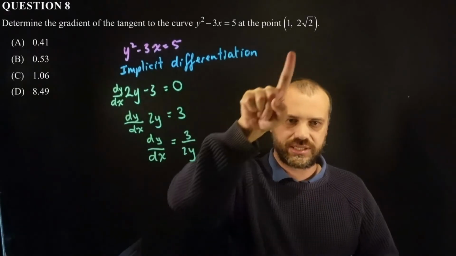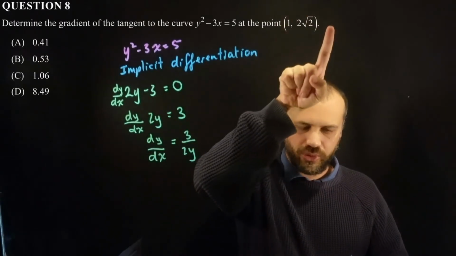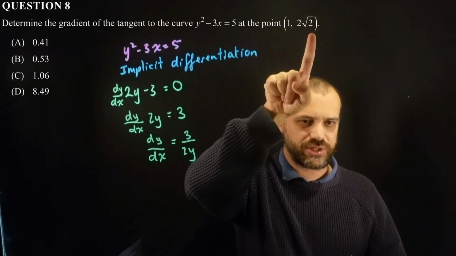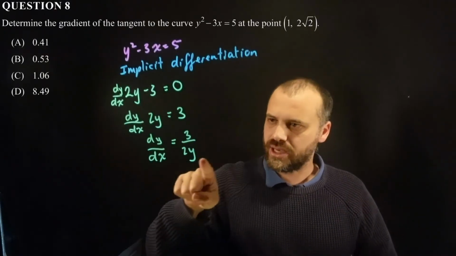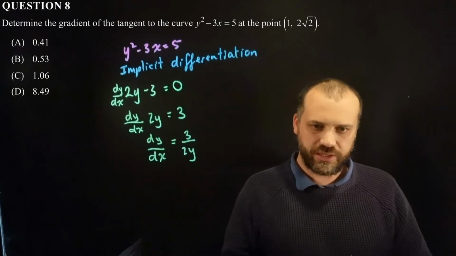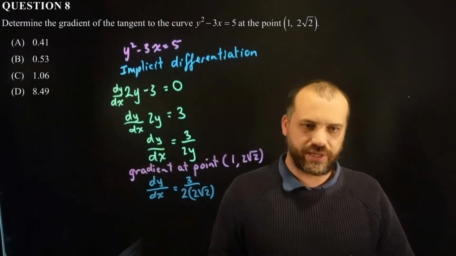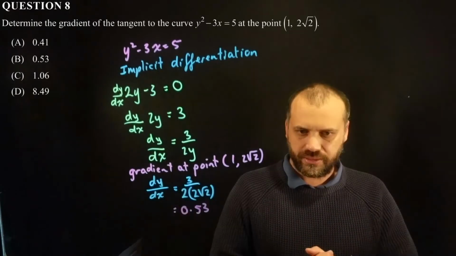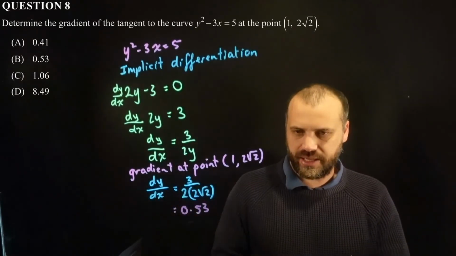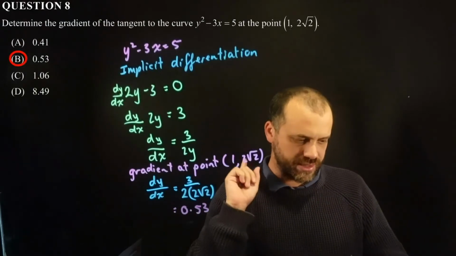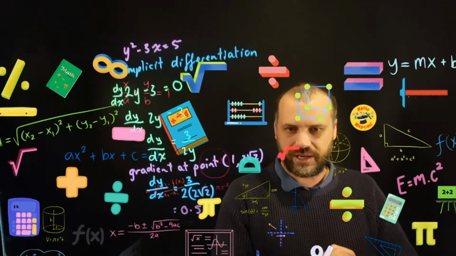X is nowhere to be seen. So when we sub in this point, we're not just subbing in this point, we're just subbing in the y value 2 root 2. So sub 2 root 2 in here for y, and then just type that into your calculator. You don't need to watch me do that. My calculator says the answer is 0.53, and I can see that up there. The answer is B, celebrate.